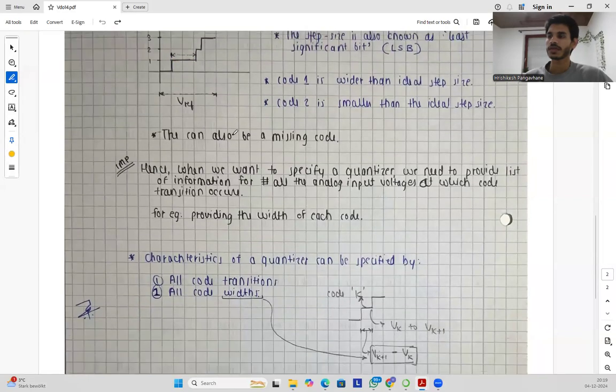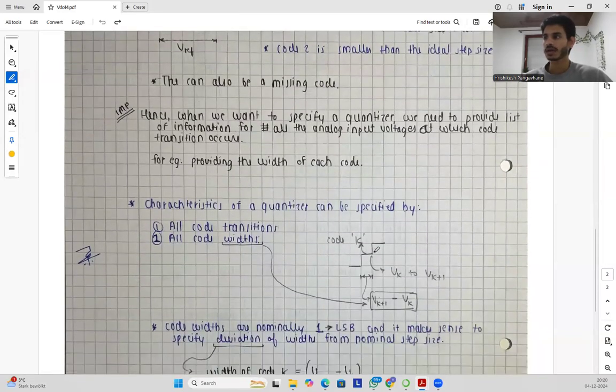Let's say this is a code denoted by an integer k. Let's not say first code, second code, let's say it's code k. So this is Vk and this is Vk plus 1.